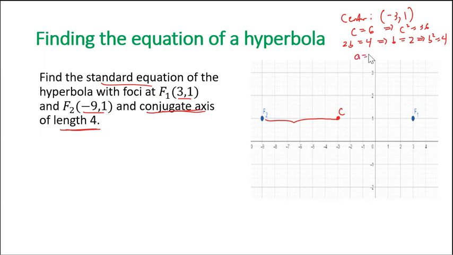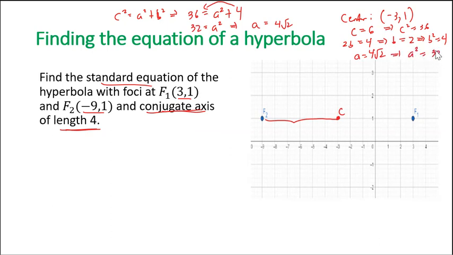Now to solve for a, since c squared is equal to a squared plus b squared, 36 equals a squared plus 4. Transposing 4 to the other side, we get 32 equals a squared. So a is equal to the square root of 32, or 4 square root of 2. If a is 4 square root of 2, that means a squared is positive 32.